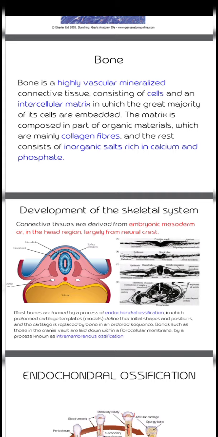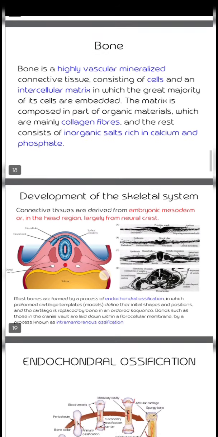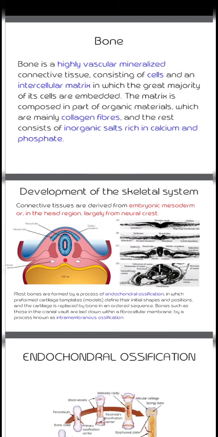So the complete name is, I think, calcium hydroxyapatite, that is present in the bones. But you may just remember it as calcium is deposited. That's why the bone is mineralized and it has rich blood supply, and it consists of cells and intercellular matrix.